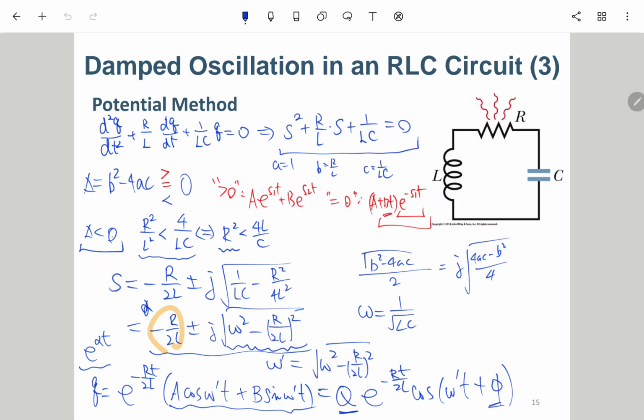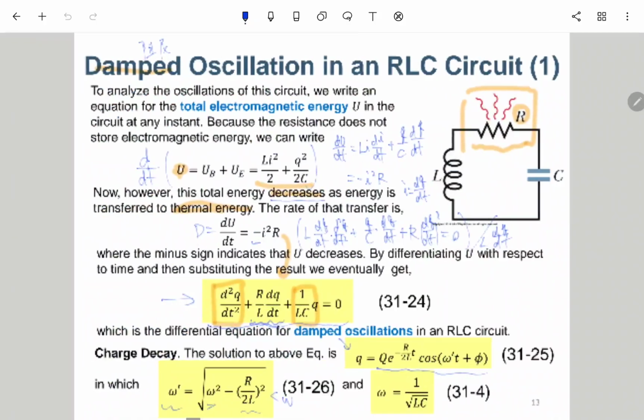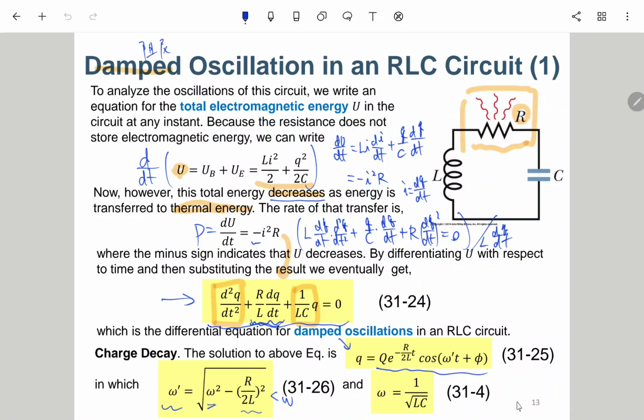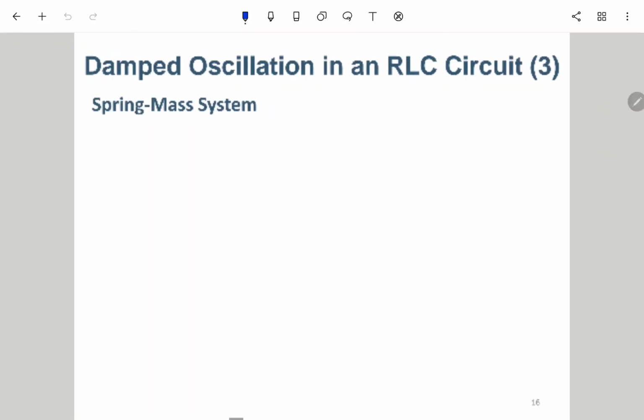So we have already derived equations 3124, 3125, 3126, and also 314. So this is also another analogy to the spring mass system.